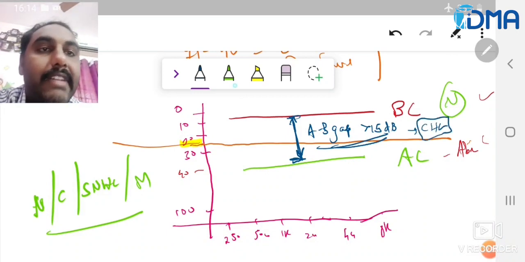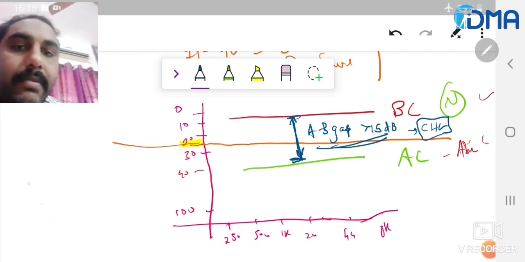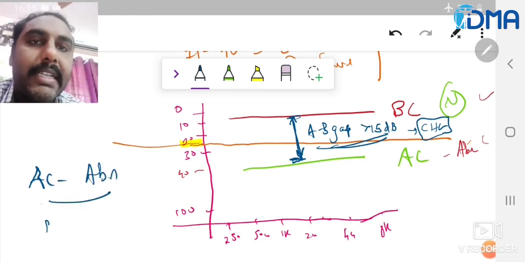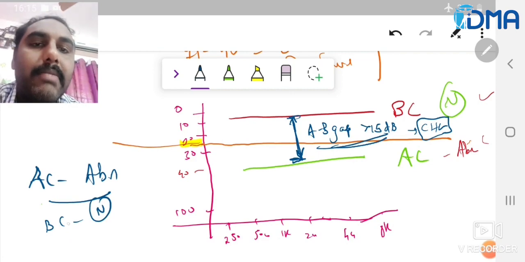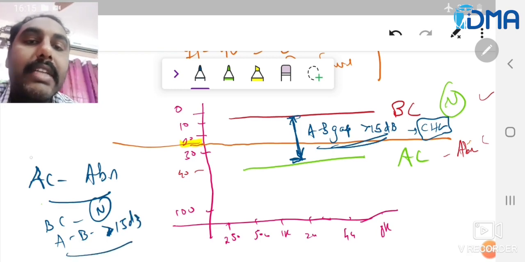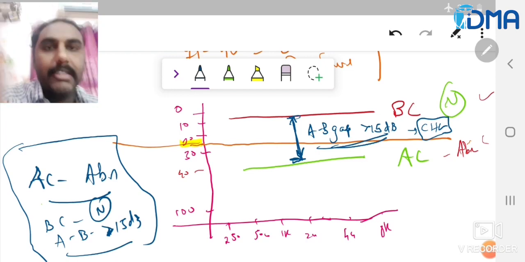So in a conductive hearing loss, the air conduction will be abnormal, that means it will be affected, the bone conduction will be normal, and there will be an air bone gap of at least 15 decibels or more. This indicates a conductive pattern of hearing loss.